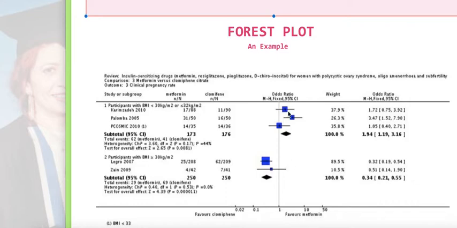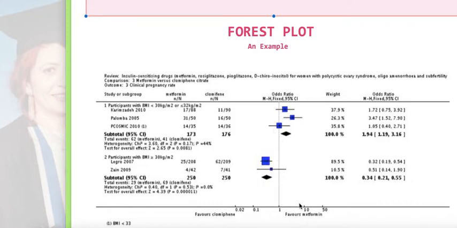We also said that the closer these boxes are to the neutral line, the lesser effective the intervention would be. The farther away they are, on either side of the line, the higher the odds that this intervention will be effective.